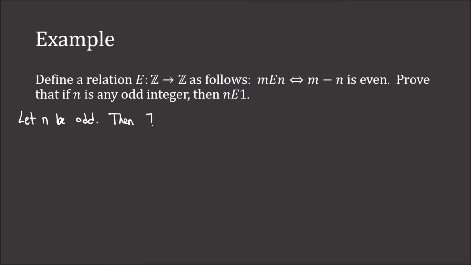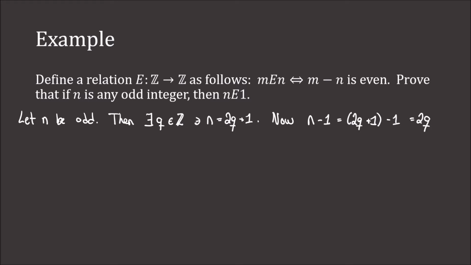Then, by definition, we know there must be some integer q such that n is 2q plus 1. Well, now let's take a look at n minus 1. This would be equal to 2q plus 1 minus 1, which is equal to 2q.